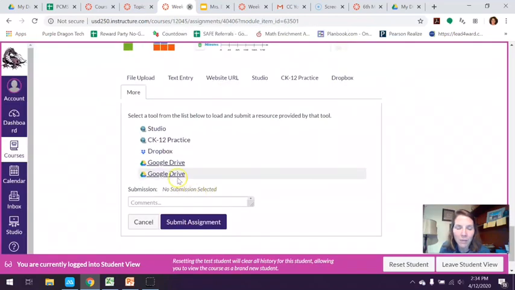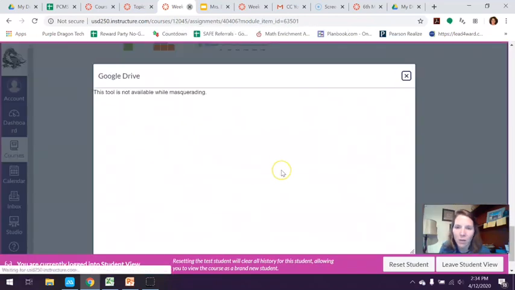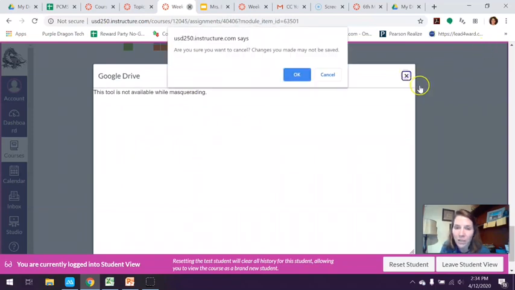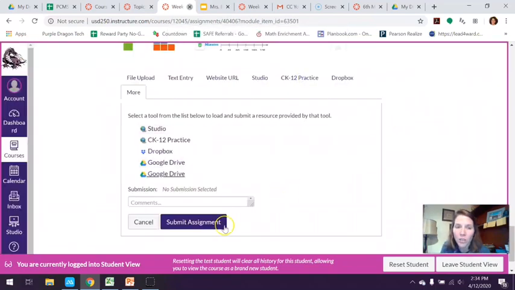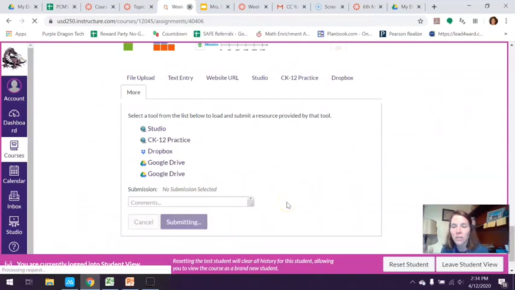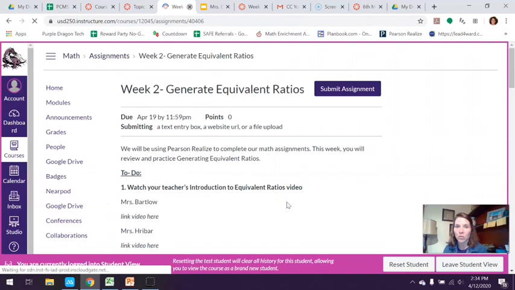You're going to find your assignment in your Google Drive because that's where it will be saved after you make a copy of the workbook pages. Find lesson 5.2, click on it, and submit it to us. Once you've found it, you'll also need to click submit assignment, and that will submit it to your teachers.